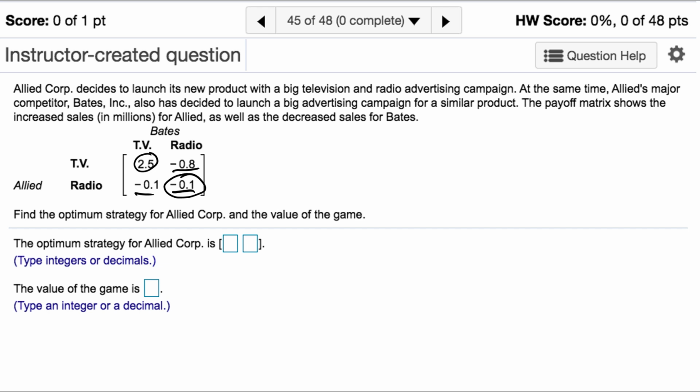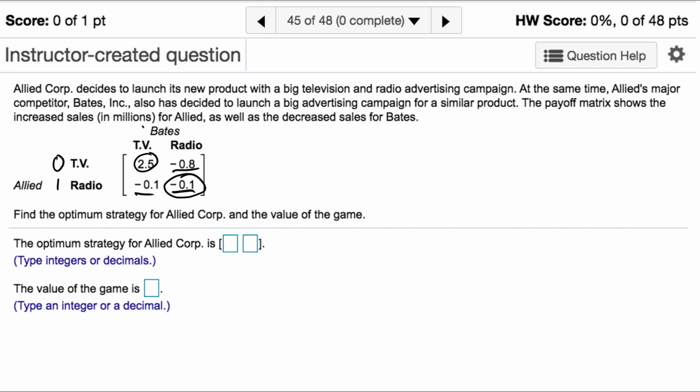So we don't need to go through the long process of finding the expected values, finding our P1s and P2s, because there's a saddle point. We're done. Allied is going to choose radio, because that's where the saddle point is, 100% of the time. And they're going to choose TV 0% of the time. Because when there is a saddle point, both players always choose it.